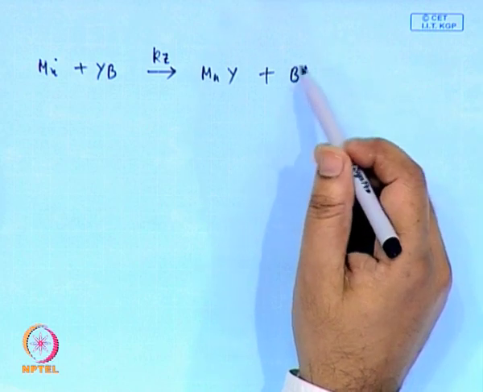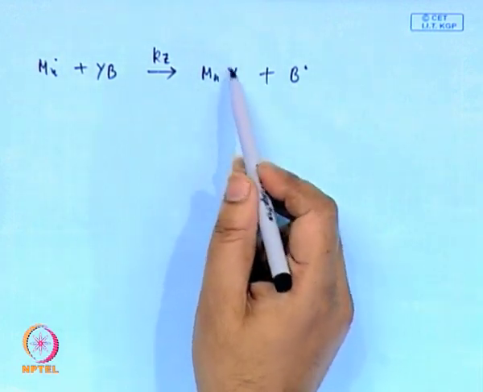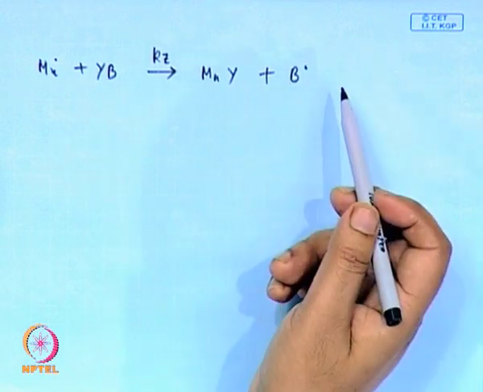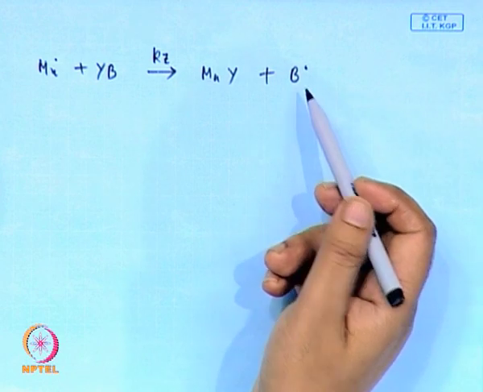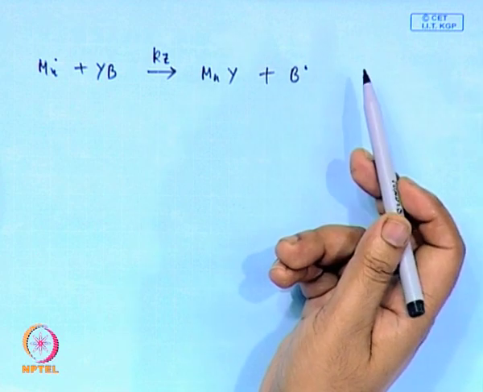Practically, in this transfer reaction, you are producing a dead chain. Even though you are producing a radical, it is as good as a dead chain, because it is not taking part in initiation of a new chain.